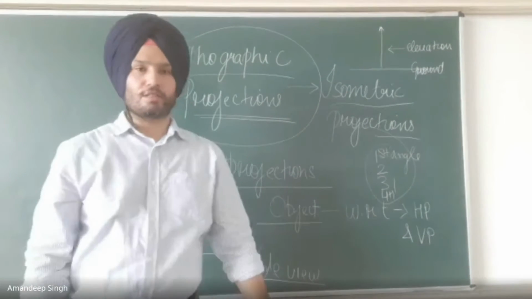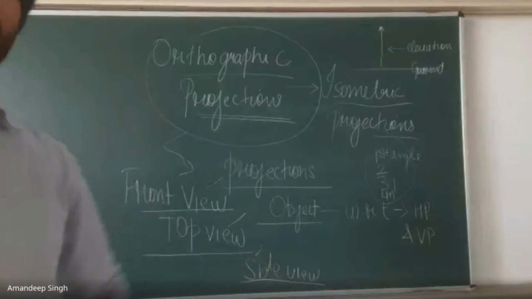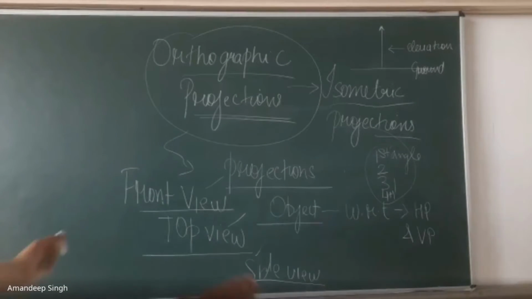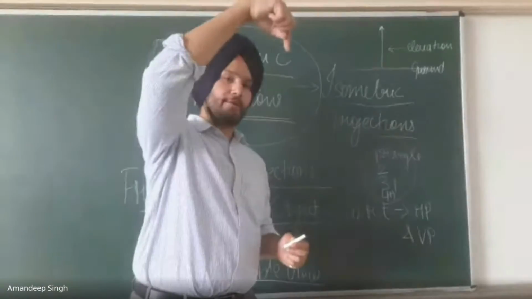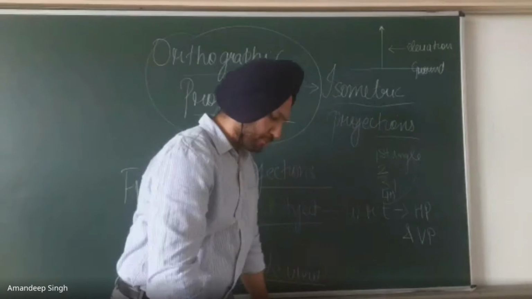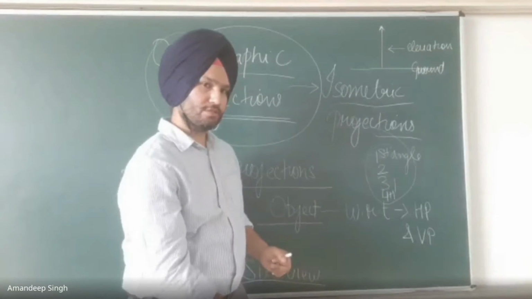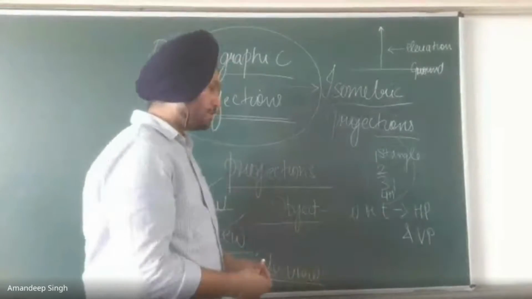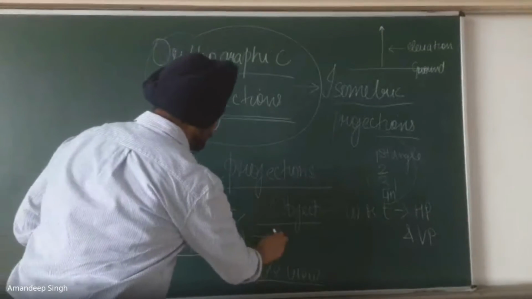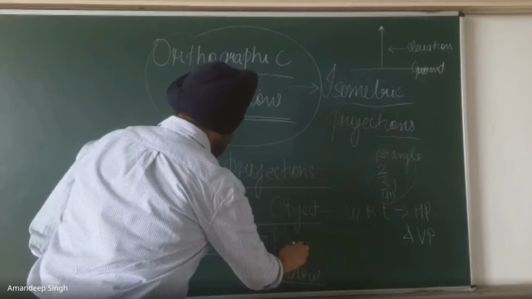That is called the side elevation. And if I'm watching an object from the top side, and I can see the profile of the object, which is on the horizontal plane, that is called the top view and plan. So they most generally refer to it as plan.